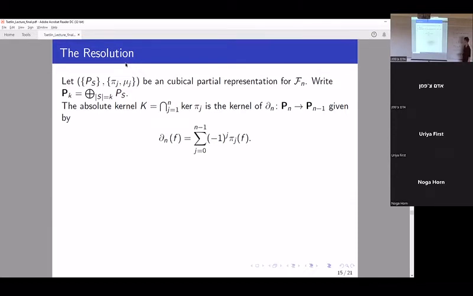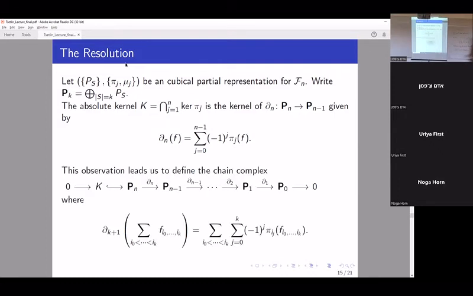Now the absolute kernel, this k, which is the intersection of all of the pi j, is exactly the kernel of this map. We can just take the alternating sum of this pi j of f, and because this is the direct sum, the intersection of the kernels is just the kernel of this map. Okay, so this gives us the first step in the resolution.